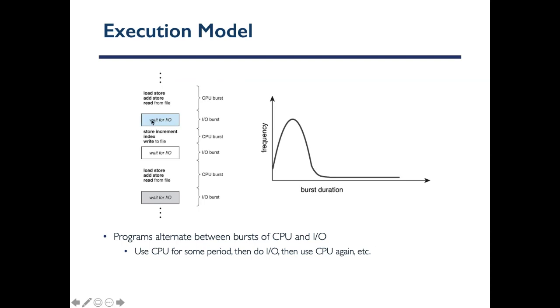Now, after a thread comes out of I/O, it needs to be scheduled. So when we are making that scheduling decision, we're deciding which thread is going to run its CPU burst until it hits another I/O and goes to wait for I/O. And then it comes back, and we want to make a decision on which CPU burst to service.